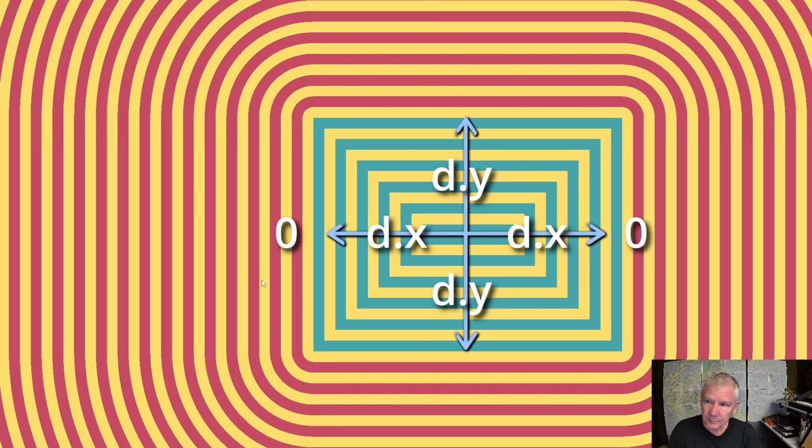So in this portion I want it to have the x component of the vector. In this portion I want it to have the y component. Over here I want it to have the x component. Over here I want it the y component. So whichever one of these is bigger, I want it to have that value.